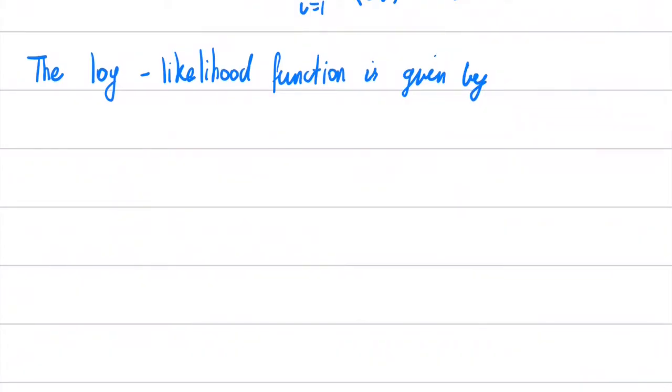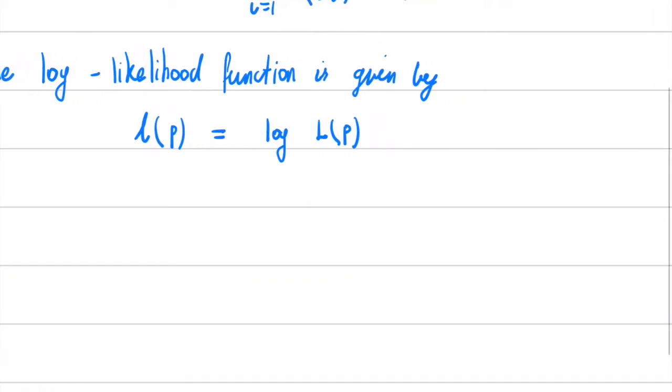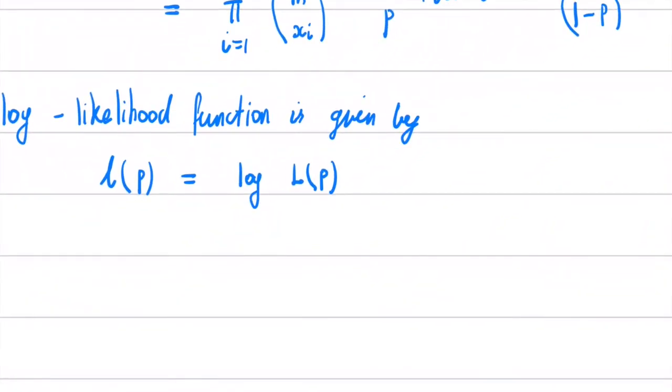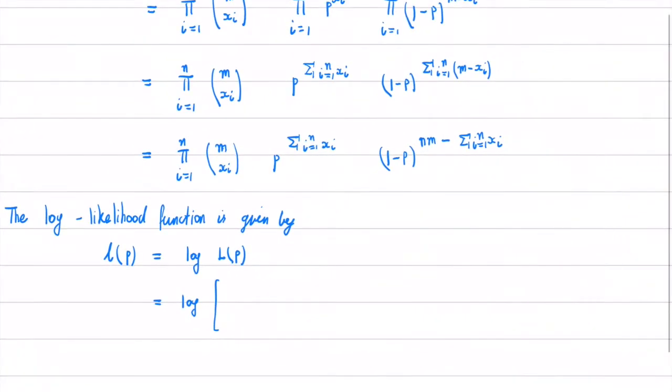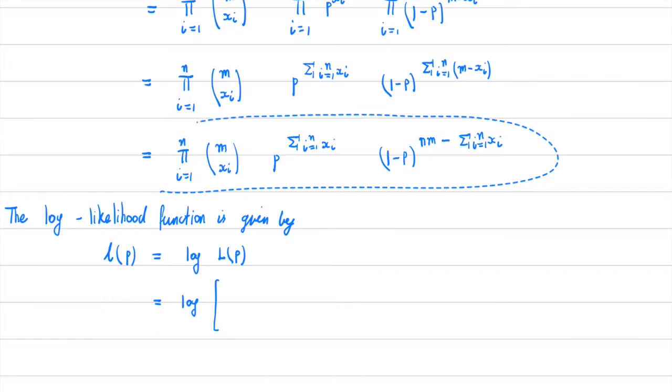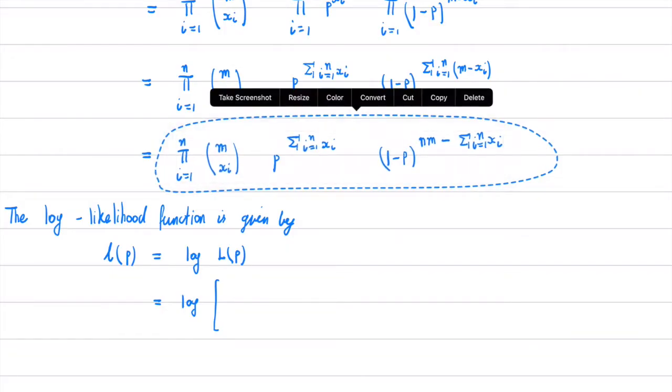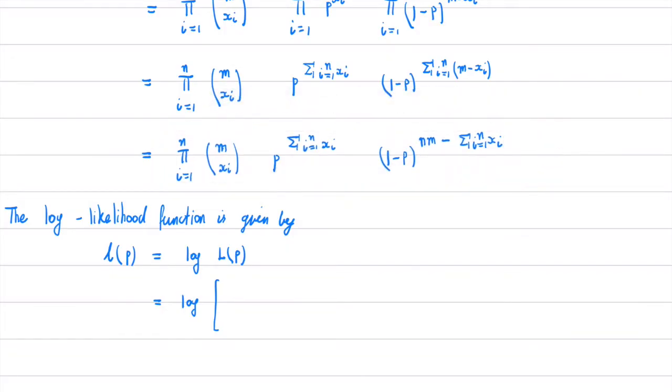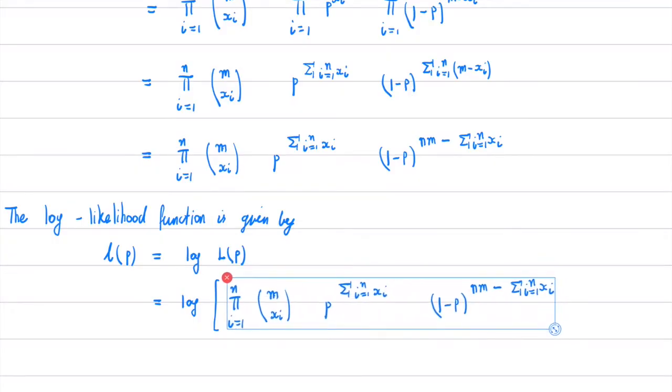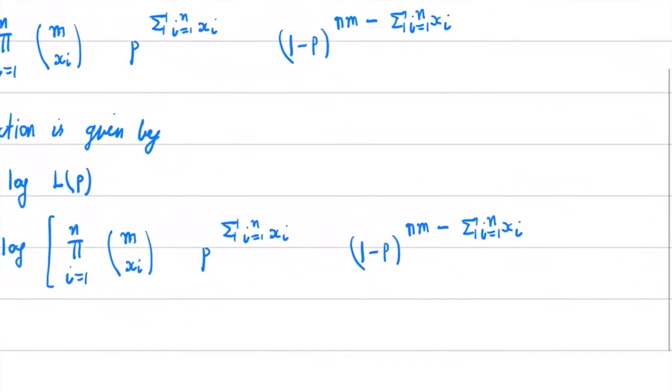Remember, by definition, the log likelihood function, which I give the lowercase l, is equal to log L of p, where L of p is the likelihood function. Then I'm going to substitute in our expression that I wrote above. So I'm going to copy that and paste that down here nicely.